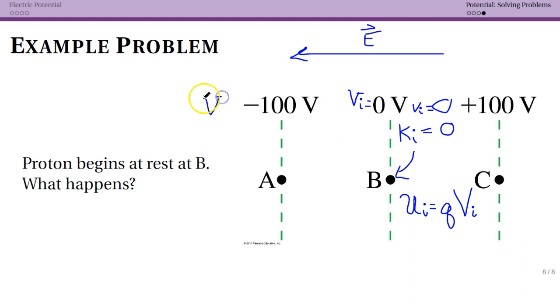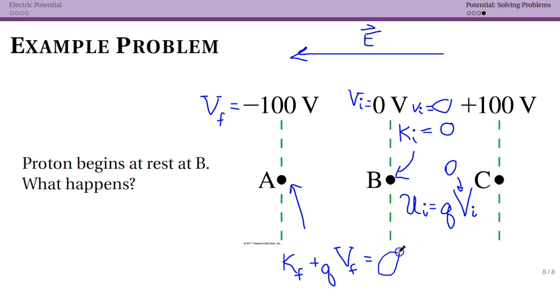If we call this, and I'm trying to use capital V here to distinguish between speed and potential, my final potential at point A, I get to say that my K final plus my final potential energy, which is just Q times V final, again capital for the sake of clear notation, equals those initial ones, and this was in fact 0. So that whole thing sums to 0. But now notice that V final is negative and Q is positive.